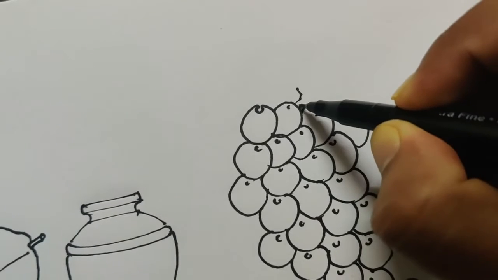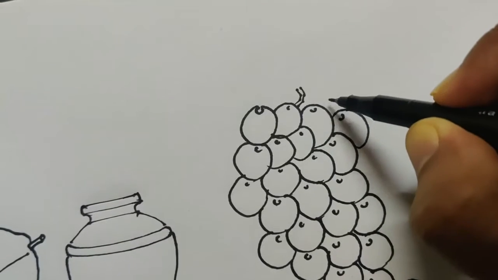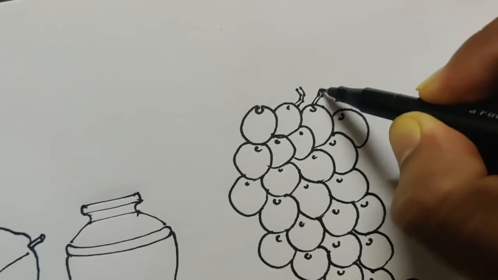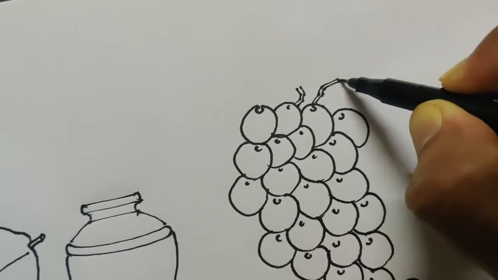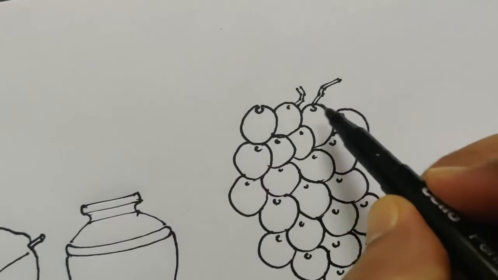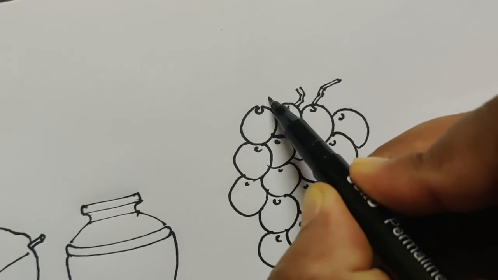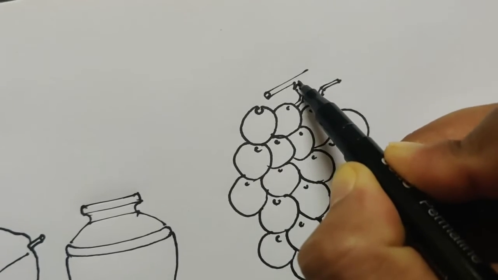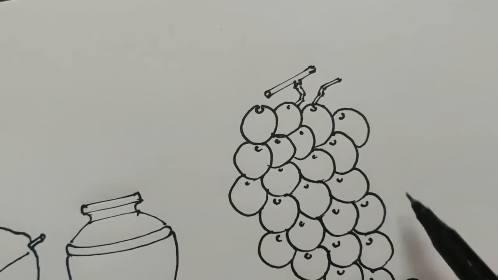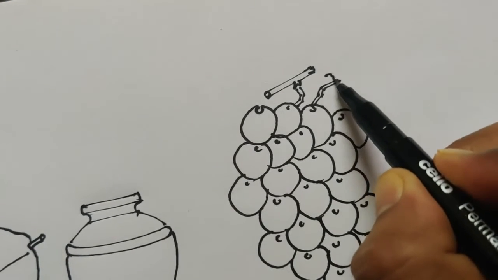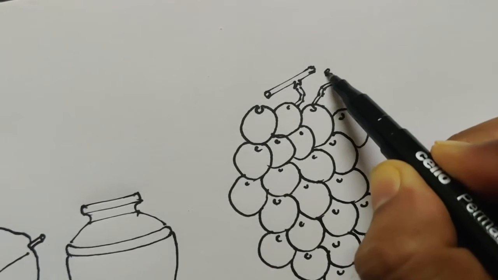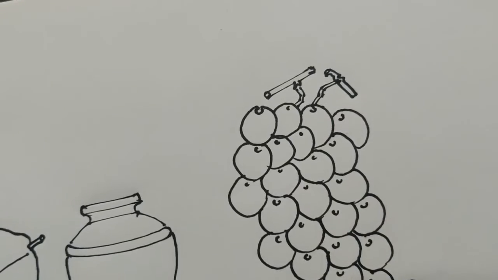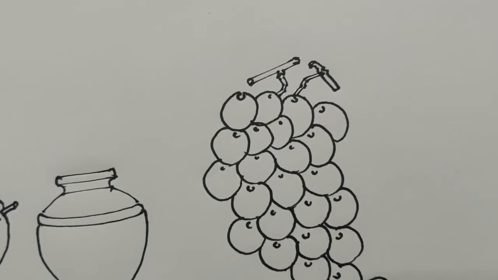Slowly, and lines like this. It's not too complicated. Like this, you can make it like this.